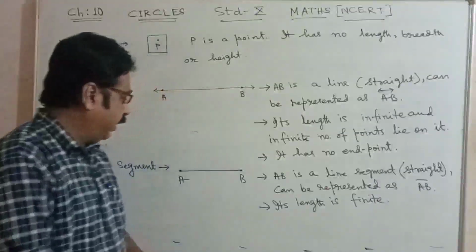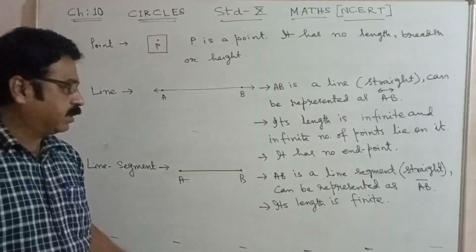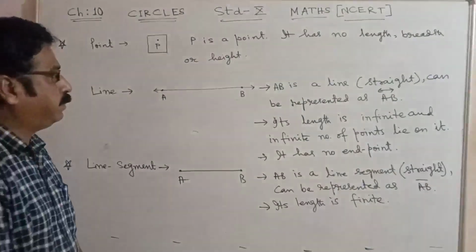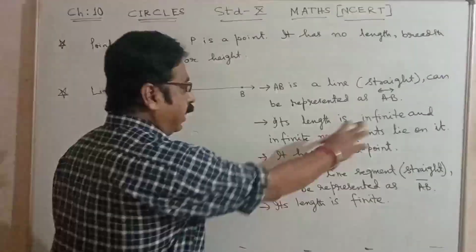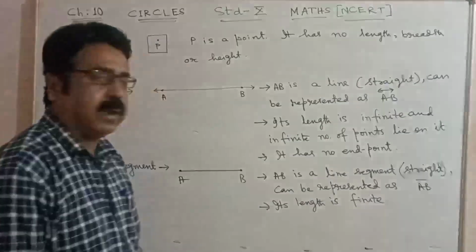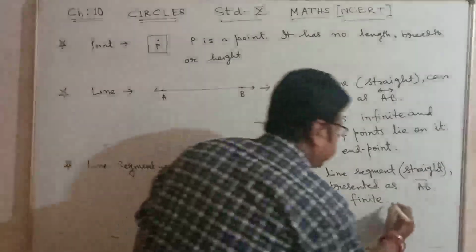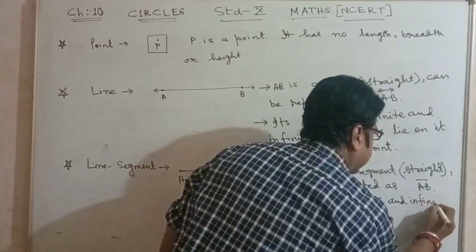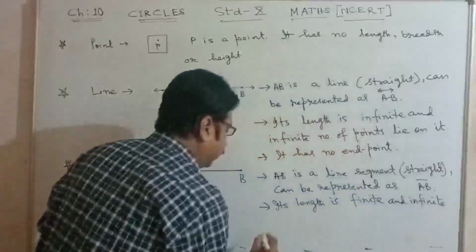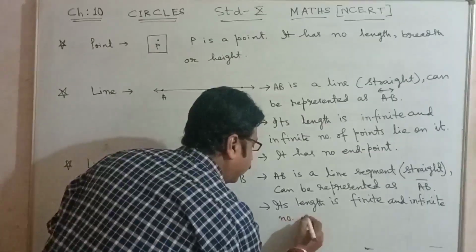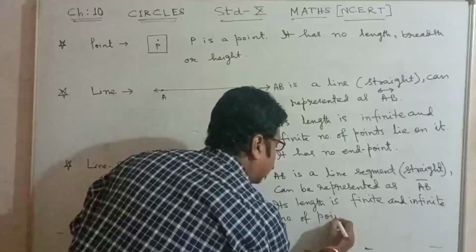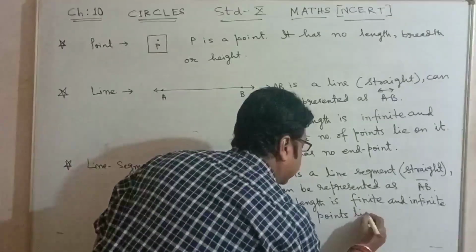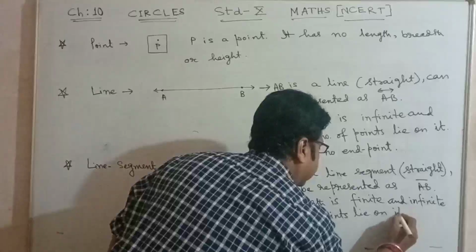That means each line segment has some fixed length and infinite number of points lie on it.